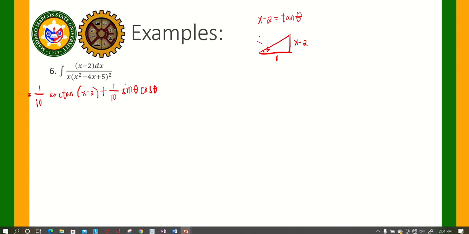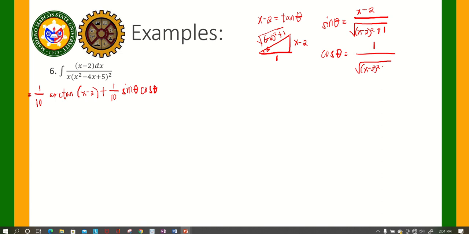So, our hypotenuse will be the square root of x minus 2 squared plus 1. So, our sine theta will be equal to x minus 2 all over the square root of x minus 2 squared plus 1. And then, our cosine theta will be equal to 1 all over the square root of x minus 2 squared plus 1. So, that is what we will plug in here.